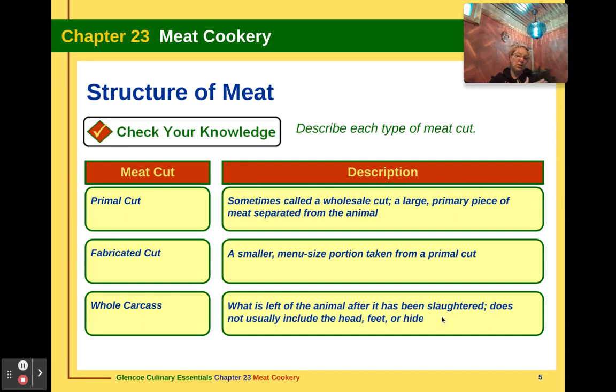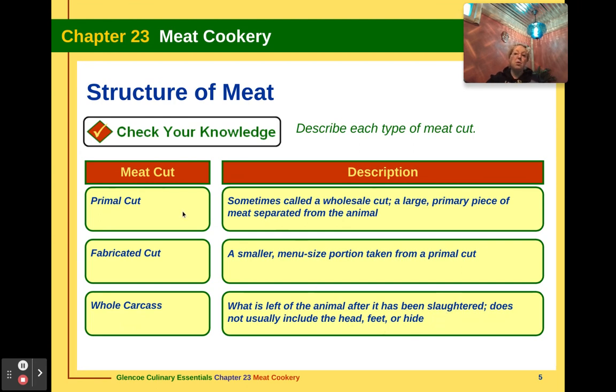This may include some of the organs that are removed and set to the side that are edible. We call that variety meats or offal. And so that would include a heart or sometimes the intestines, like in chitlins, or you could look at the liver. So these are some commonly eaten inside meats, the guts and things. Tripe, which is stomach, that's also sometimes included.